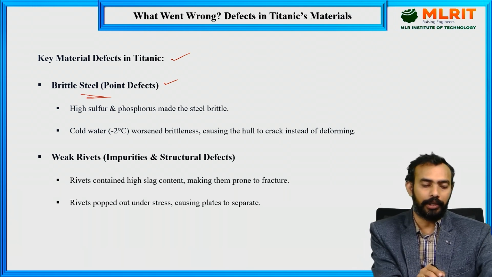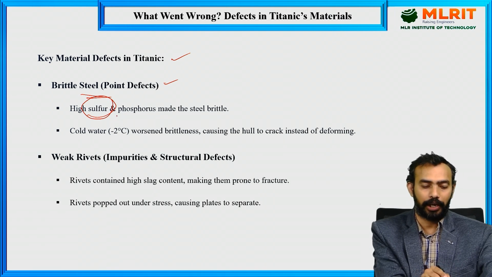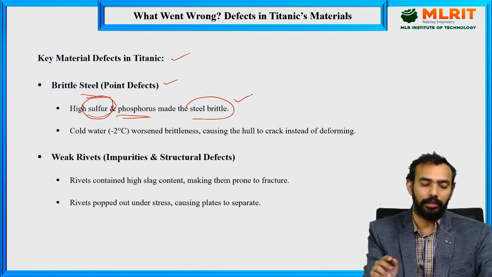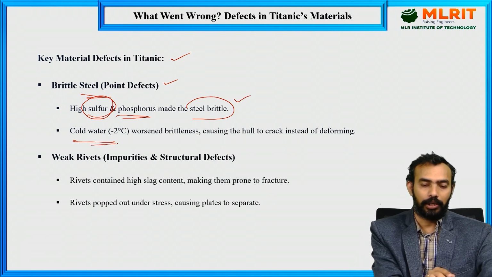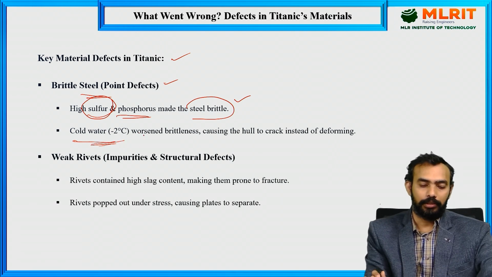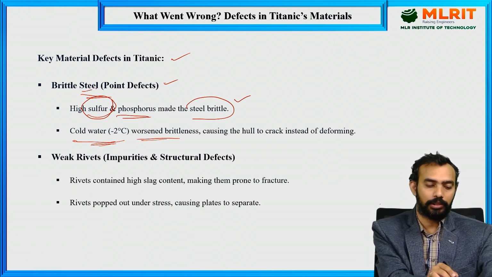In its composition, a high amount of sulfur and a high amount of phosphorus was observed, which made the steel brittle, especially at very low temperatures. The Atlantic Ocean temperature is close to -2 degrees centigrade, so that worsened the properties of the steel.